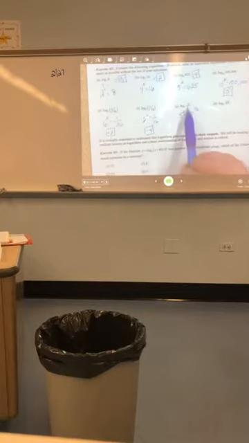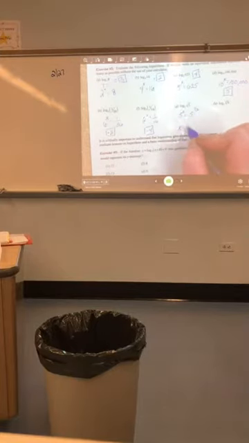Since log means exponent, I know the exponent is going to be a fraction because there's a radical involved. Now I know x is 1/2.